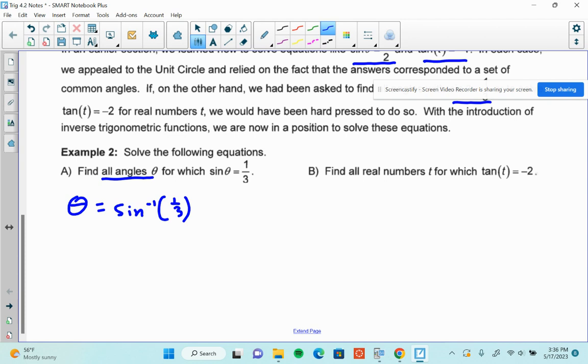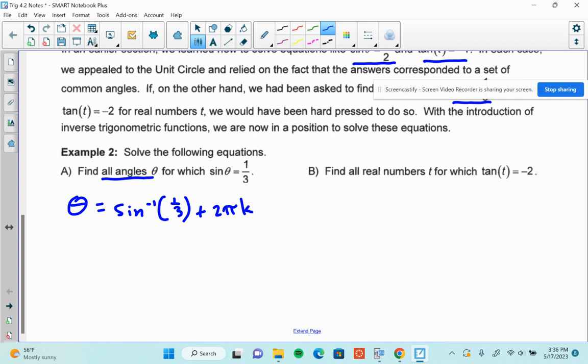So I have to be a little bit careful. So theta is going to equal sine inverse of 1/3 plus 2 pi times k. That would give me angles that are in the first quadrant, but remember there are going to be solutions that are also in quadrant 2.